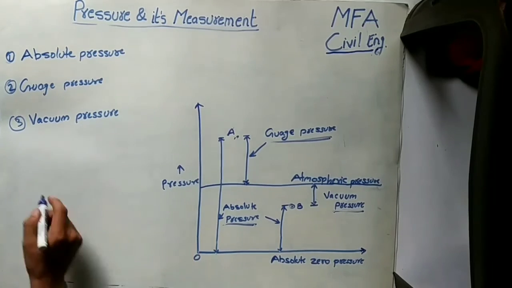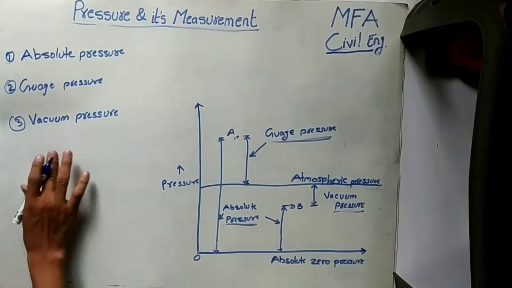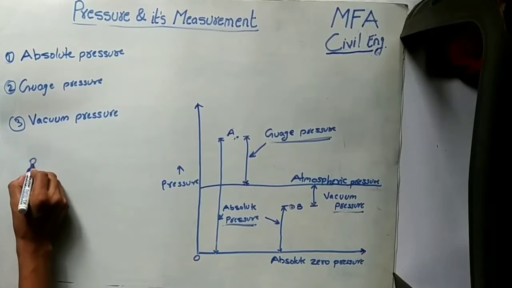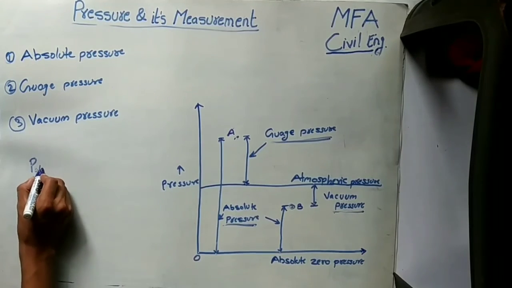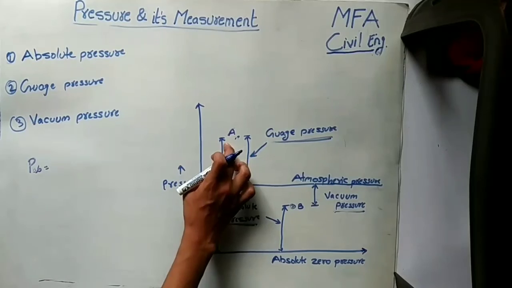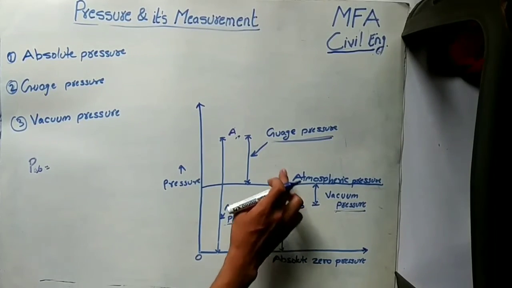Okay, now from this diagram, absolute pressure is equal to atmospheric pressure plus gauge pressure.